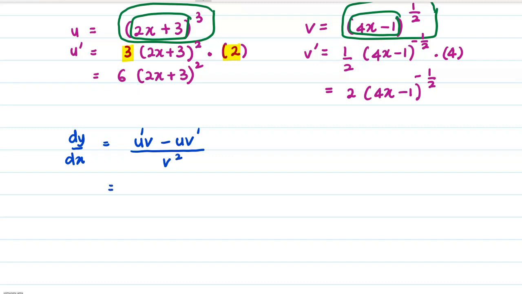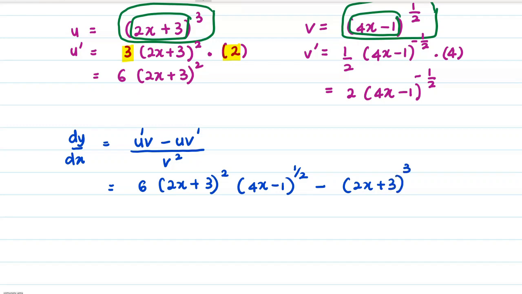So your u prime is 6, 2x plus 3 squared, and then your v is 4x minus 1 to the power of 1 over 2, minus your u, which is 2x plus 3 to the power of 3, and your v prime is 2, 4x minus 1 to the power of negative 1 over 2.